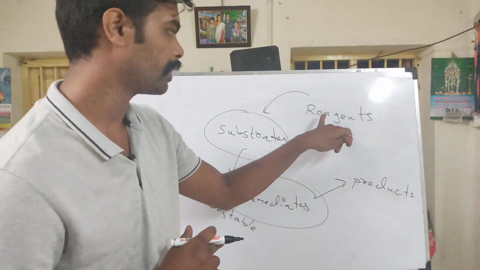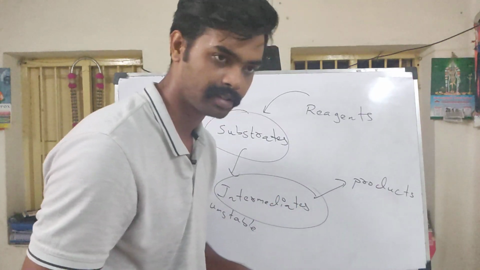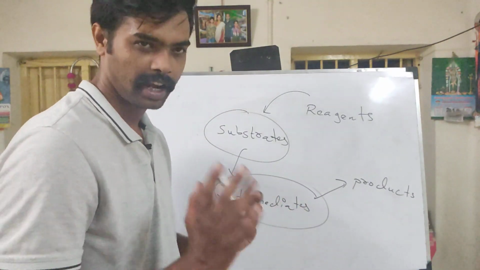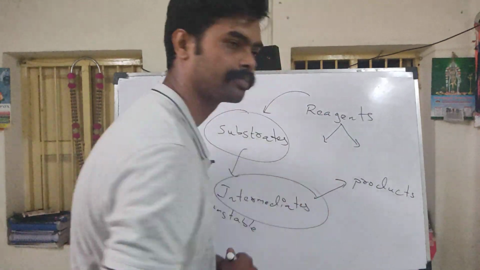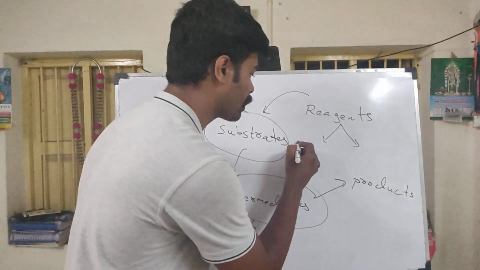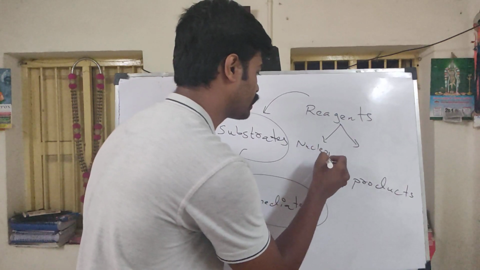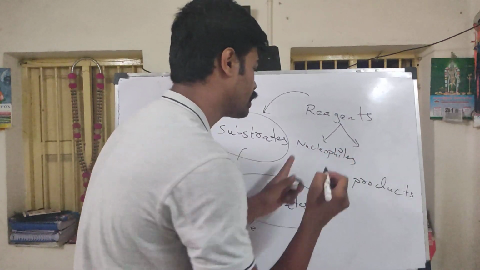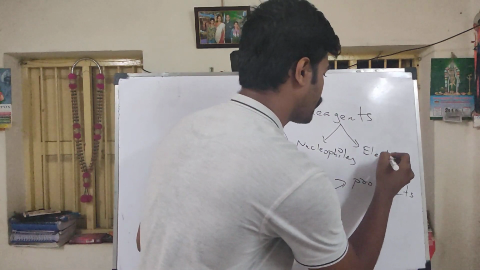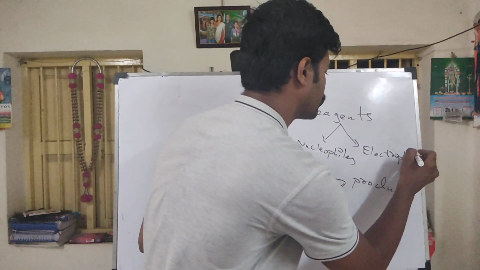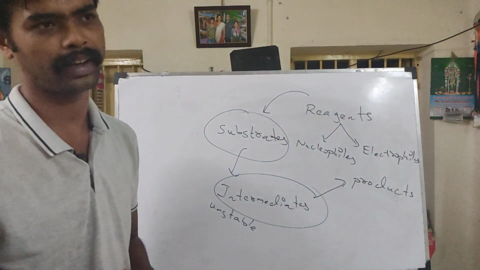For example, if I look at what can be reagents, generally speaking, reagents can be of two types. They can be nucleophiles, or they can be electrophiles.